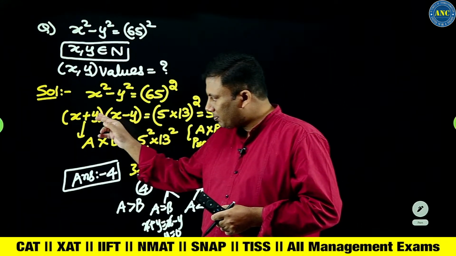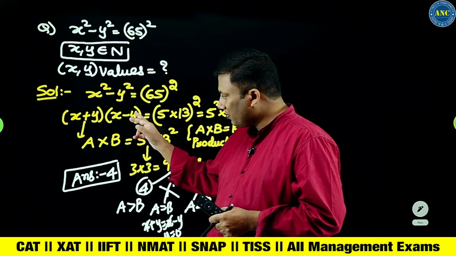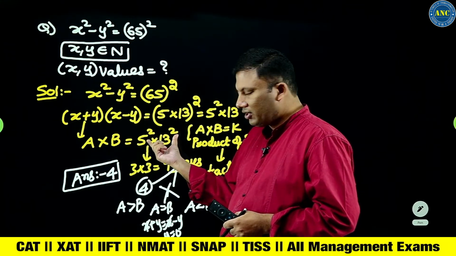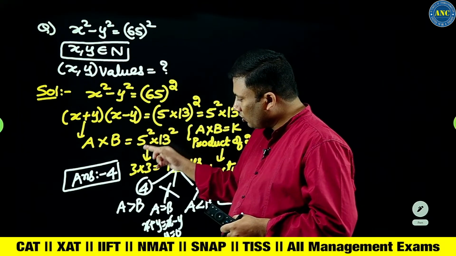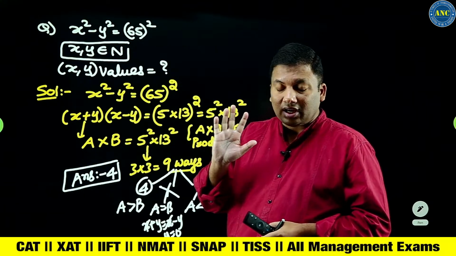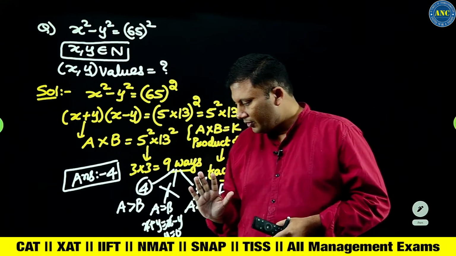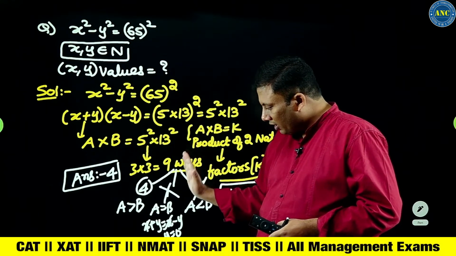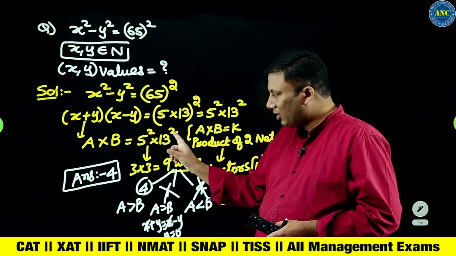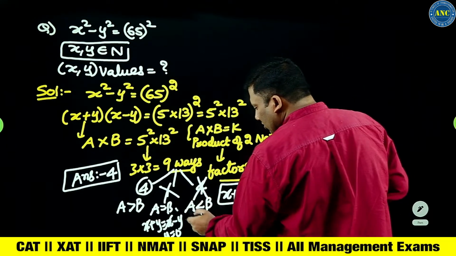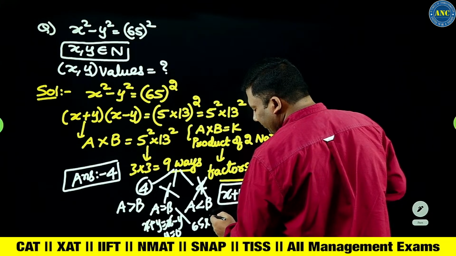If I take x plus y as A, x minus y as B, A into B is 5 square into 13 square. 0 to 2, 3 cases, 0 to 2, 3 cases. Total 9 cases I will get. In those 9 cases, the distribution: one case will be both of them are equal because it is a perfect square, right? The case is 65 into 65.